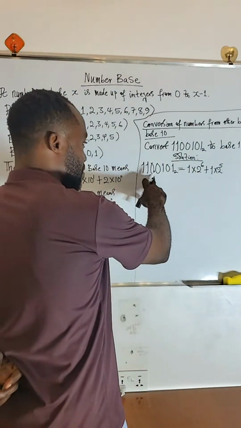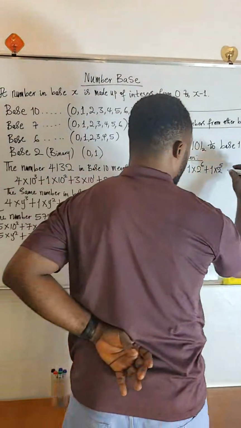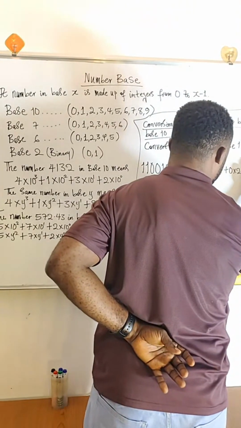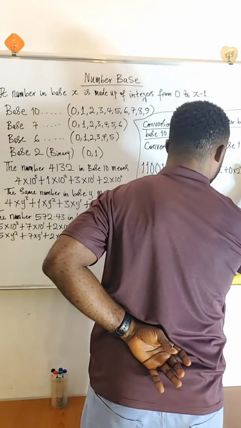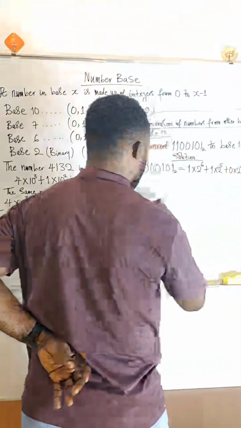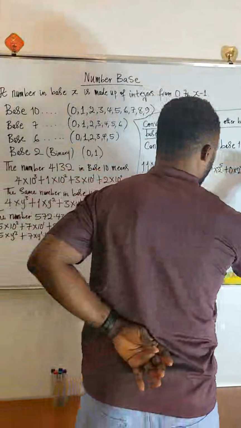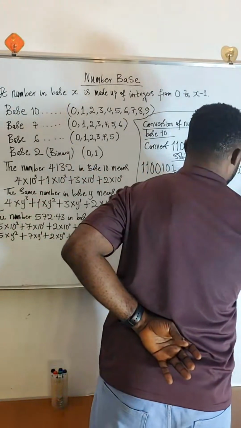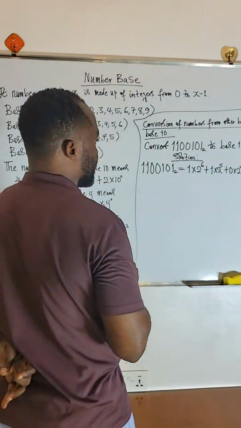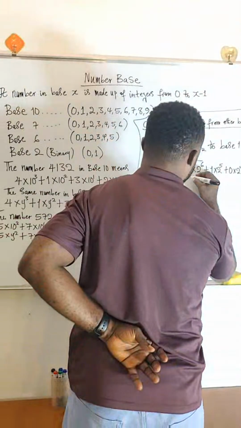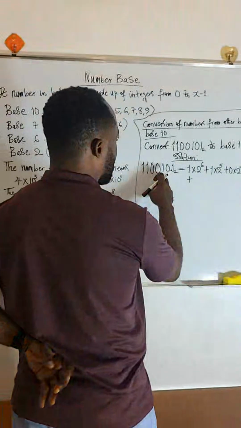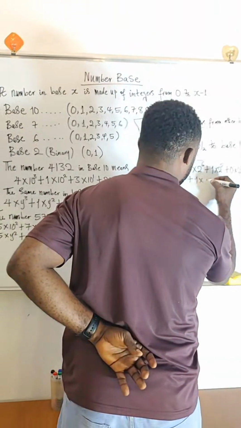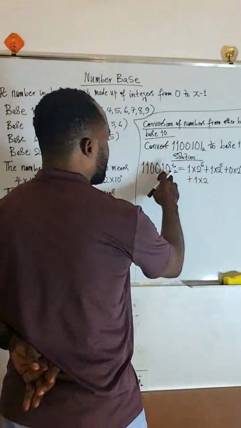And then 0, plus 0 times 2 raised to the power of 4, plus the next 0, plus 0 times 2 raised to the power of 3, plus this one, plus 1 times 2 raised to the power of 2.